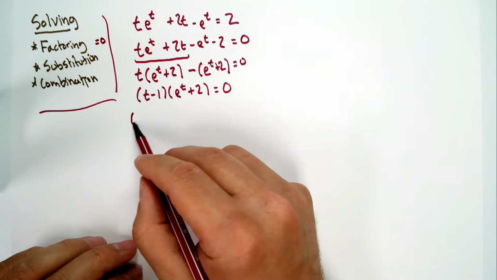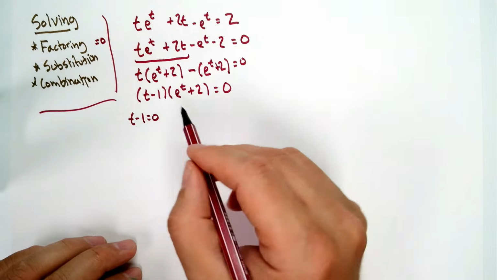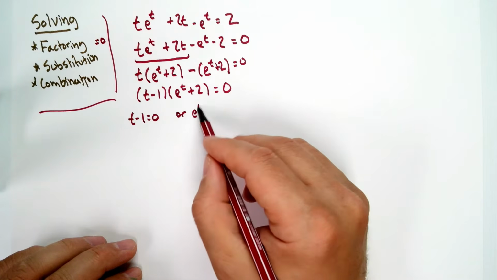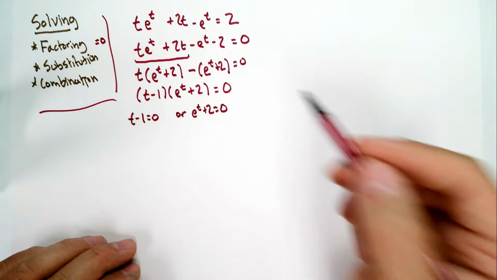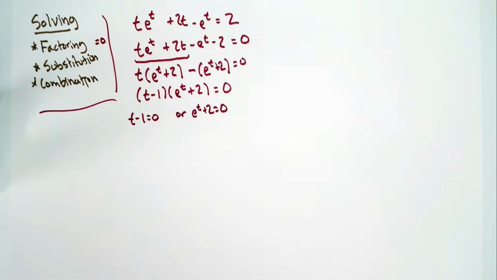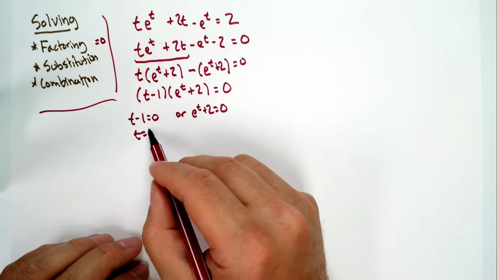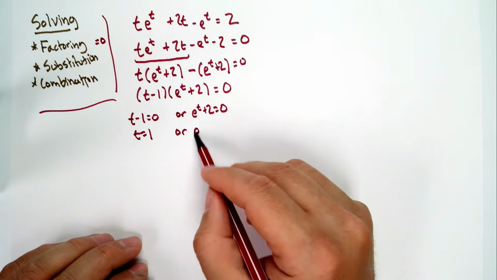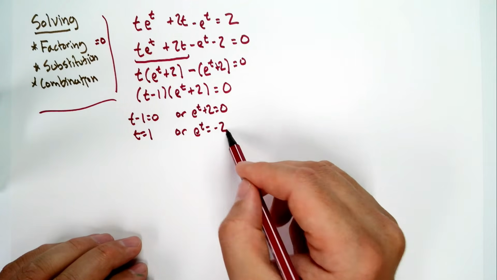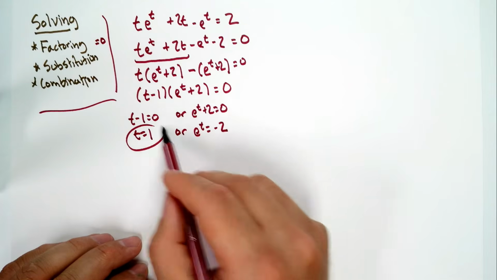So this says that t minus 1 equals 0, or e to the t plus 2 equals 0. All right, well, what does that say? Well, this says t equals 1, or e to the t is negative 2. So t equals 1, that's a solution.